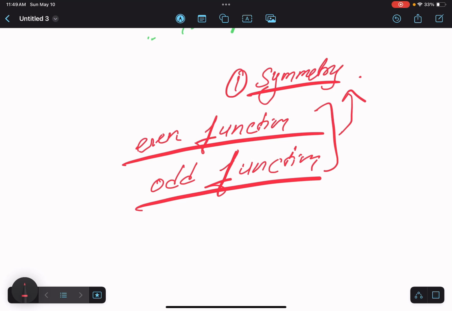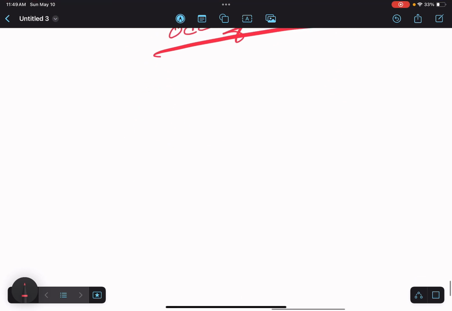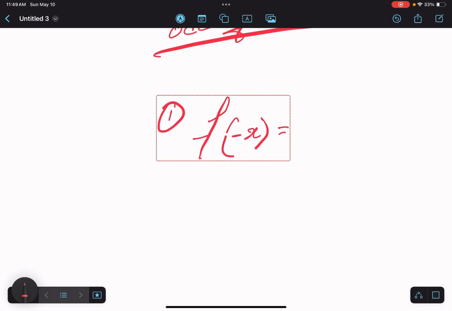For finding even and odd functions there is only one criterion: if you put a negative sign on x, and by putting just the negative sign that makes the whole function negative, then this is our odd function.